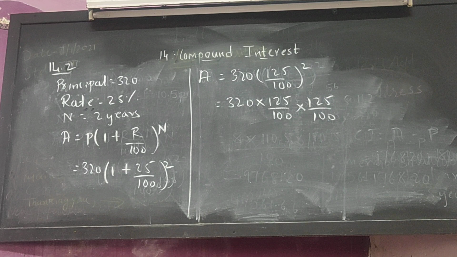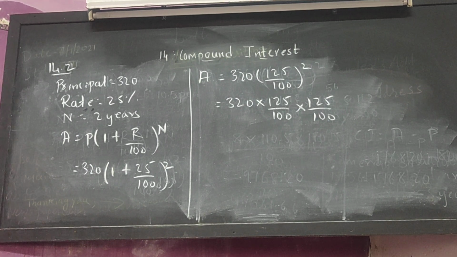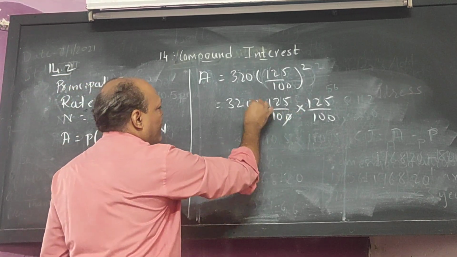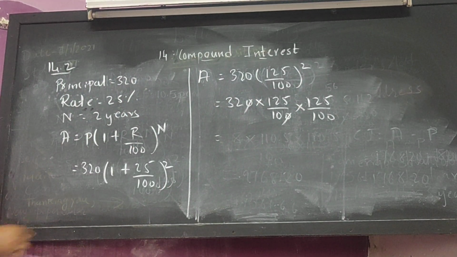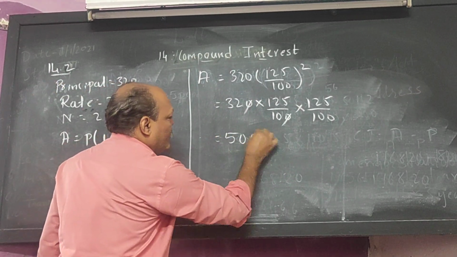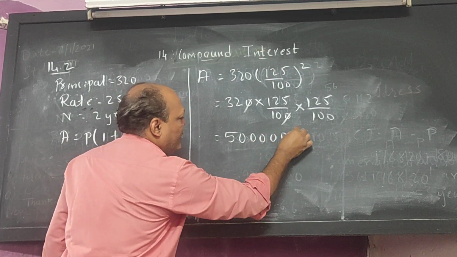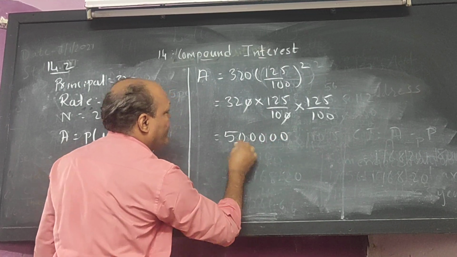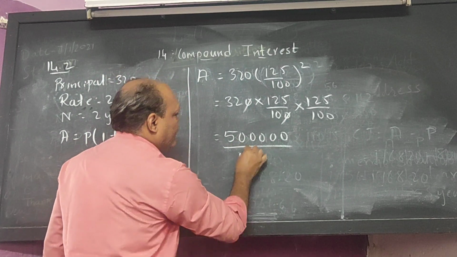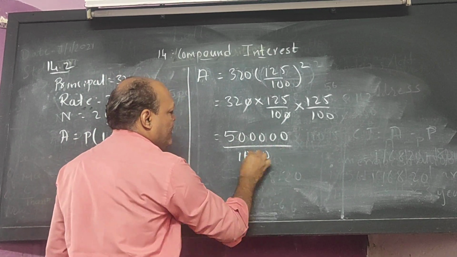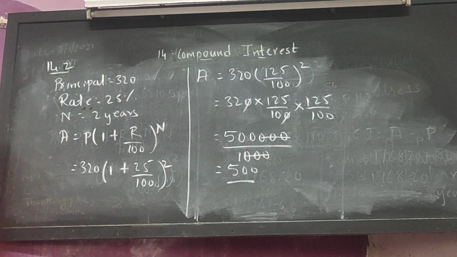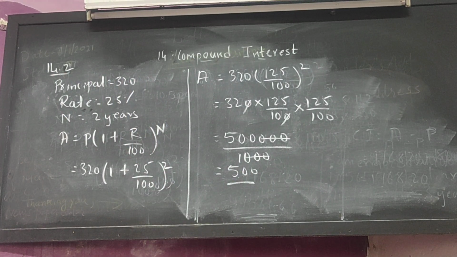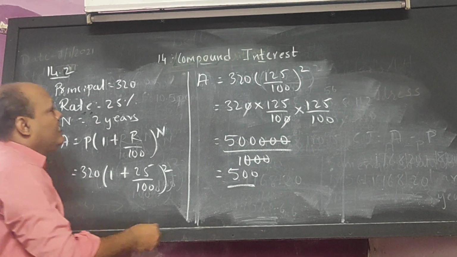When we calculate here, the zeros get cancelled, multiply all the terms and divide by 1000, and you are going to get the amount. How much amount you got? 500. That is, there will be 500 workers after 2 years.